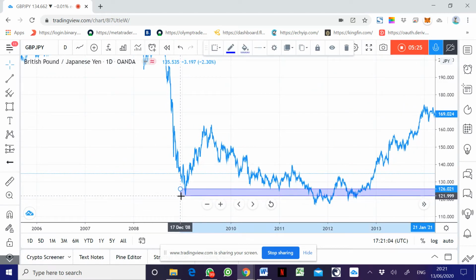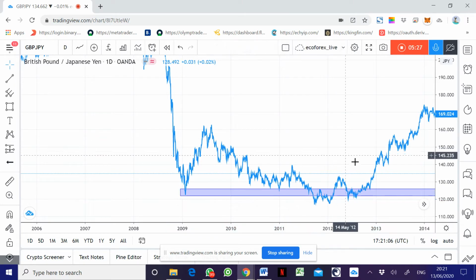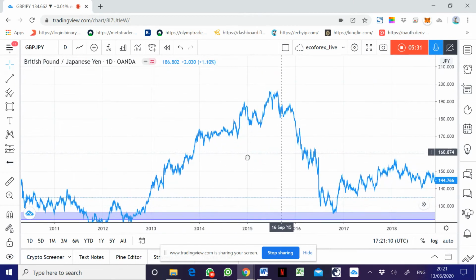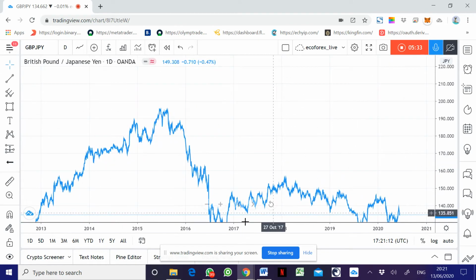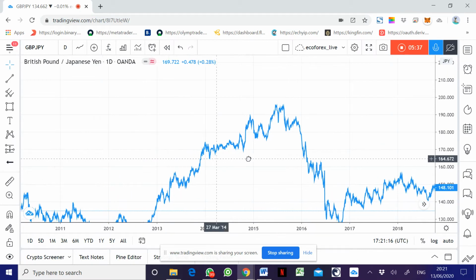Yeah, this is my support now. As you can see, the price has been hitting here and spiking. You see this point? It has been hitting this point.